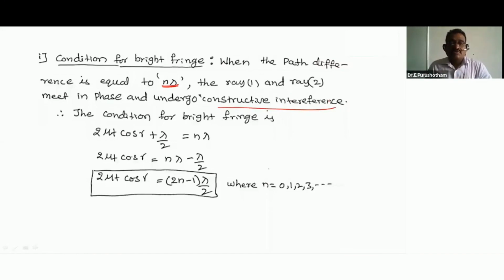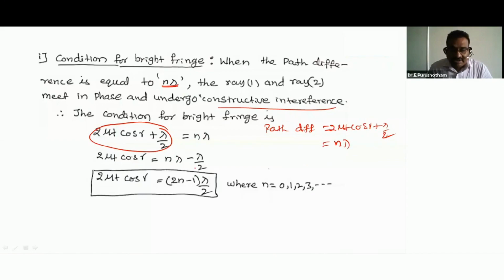Here the path difference is 2 mu t cos r plus lambda by 2, and in general it is n lambda. So 2 mu t cos r is n lambda minus lambda by 2, which you can write as 2n minus 1 into lambda by 2, where n is equal to 0, 1, 2, 3, and so on. The condition for bright fringe: 2 mu t cos r is equal to 2n minus 1 into lambda by 2.